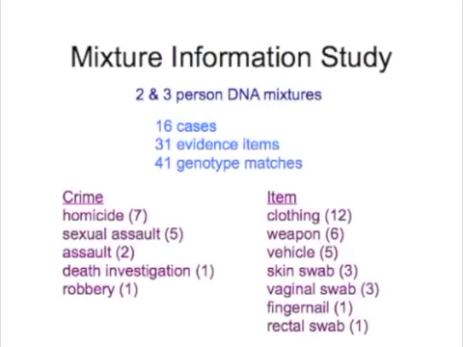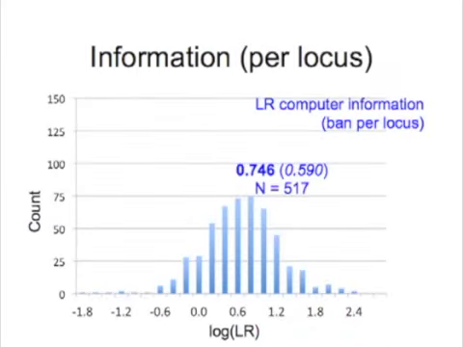So we did a study with the local Allegheny County lab, which I presented at the American Academy meeting last month. And we looked at 2- and 3-person mixtures over 16 cases, wide range of offenses, 41 genotype matches. What we did is we looked at each locus. Their experiments have at most 15 different chromosome locations or loci when they get a DNA profile.